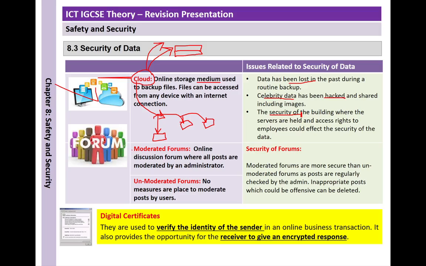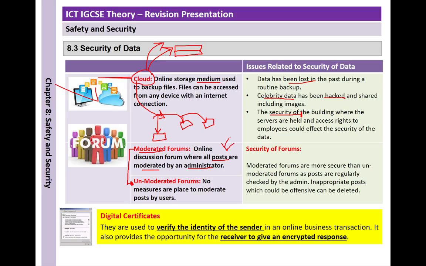Now, when you are sharing, let's say, opinions and discussing topics online, we call these forums. And forums are divided into two. Some are moderated forums, controlled forums, where every post that people are posting will be checked by an administrator before they accept it. And the advantage is that the administrators will know that this post is genuine.